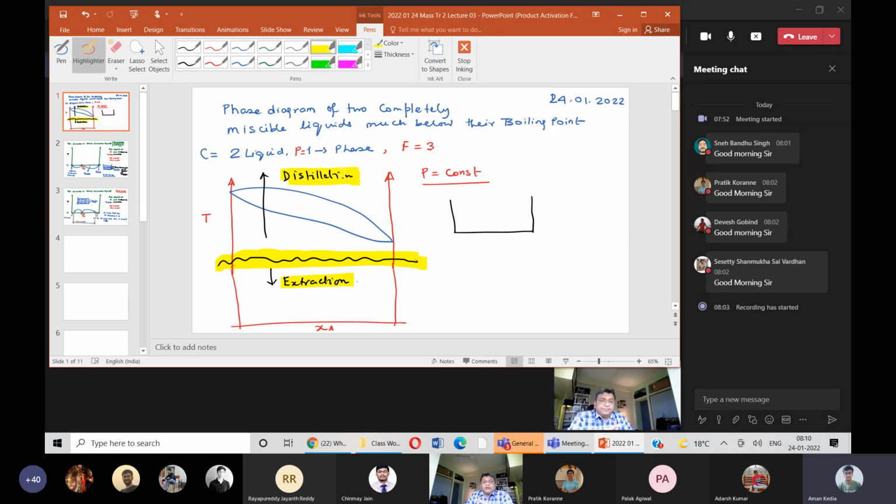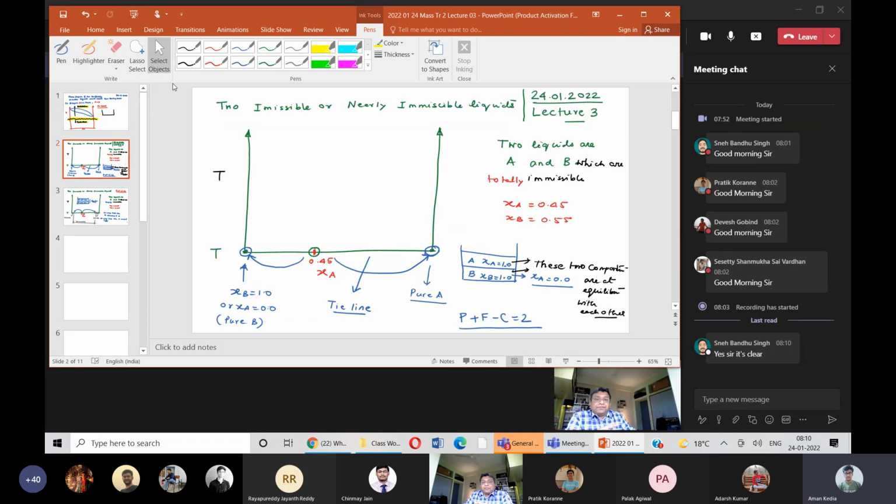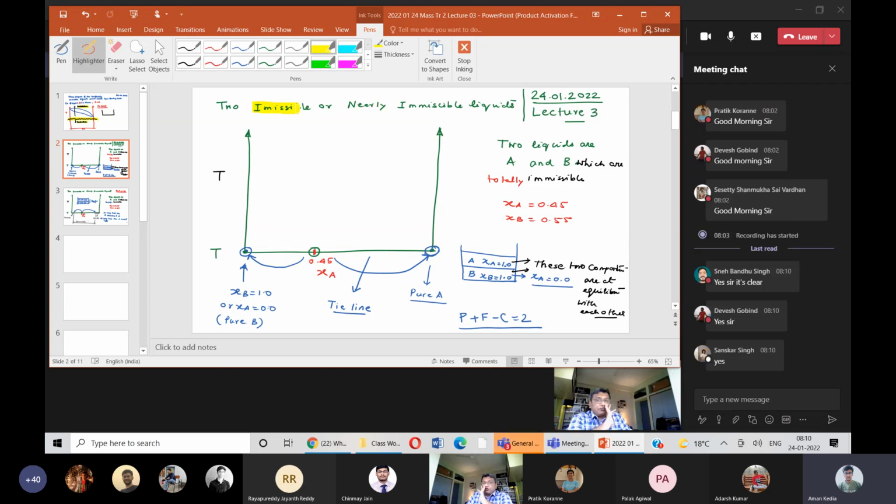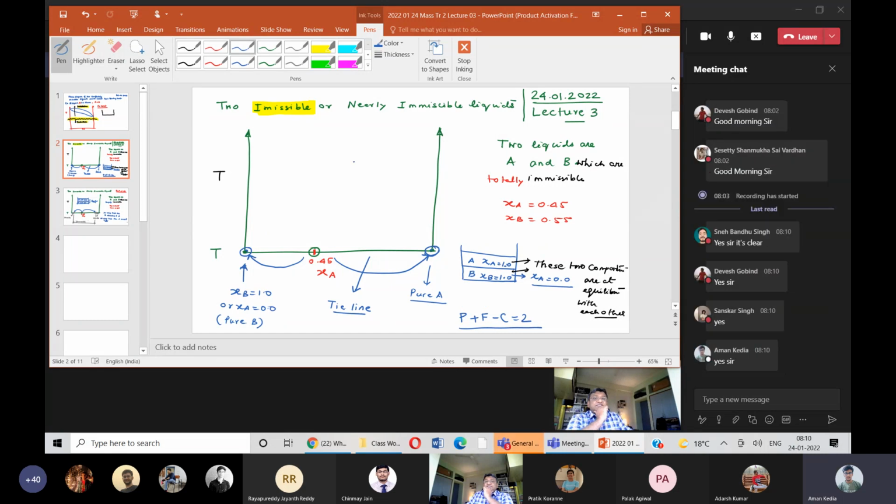Clear to everyone? Okay. Now let us look into the phase diagram of two immiscible or nearly immiscible liquids. First, we are going to focus on two immiscible liquids. Again, here, if you do an analysis of your Gibbs phase rule, your component is 2.